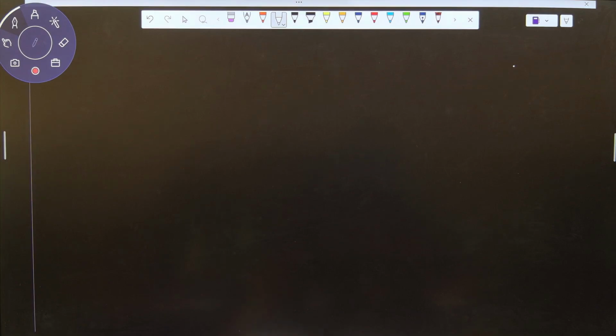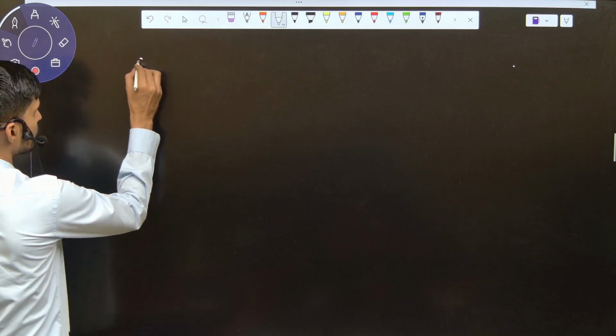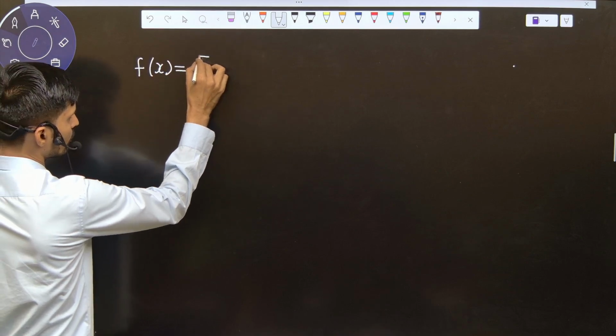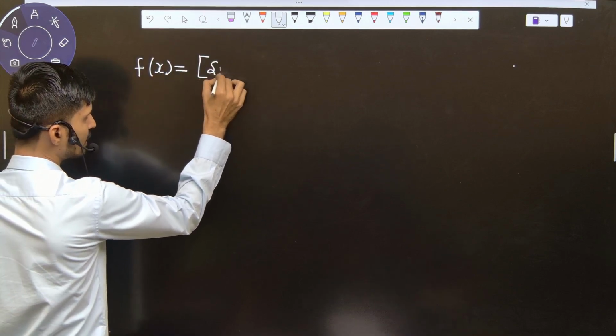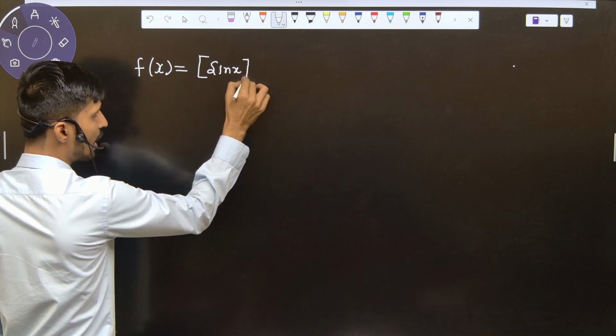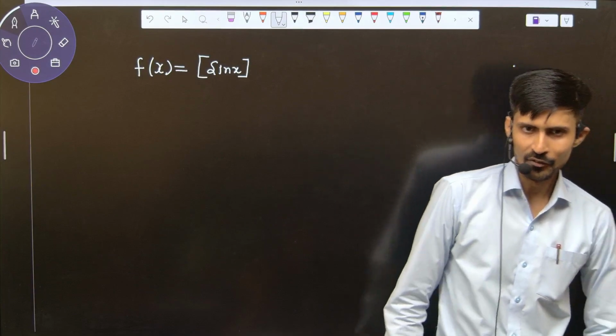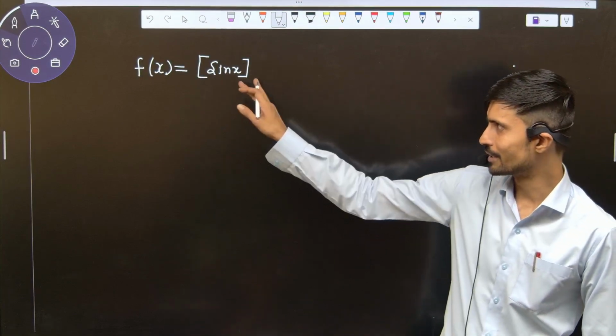Question is, check continuity of the function f of x is equals to greatest integer sin x. I am working on greatest integer because the favorite topic in the continuity chapter is greatest integer.